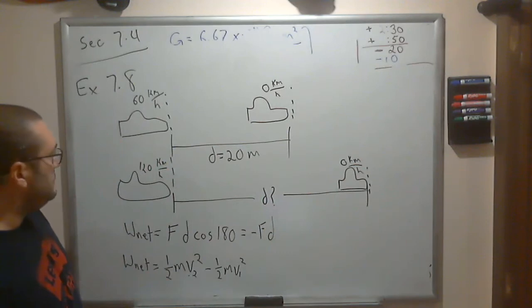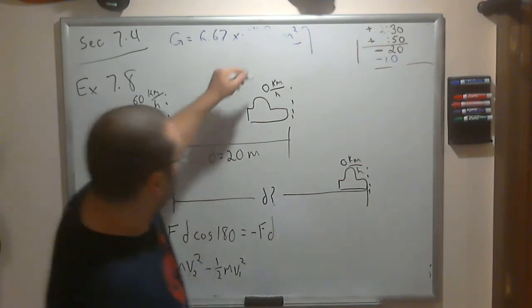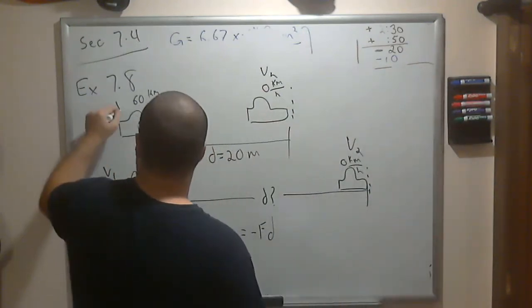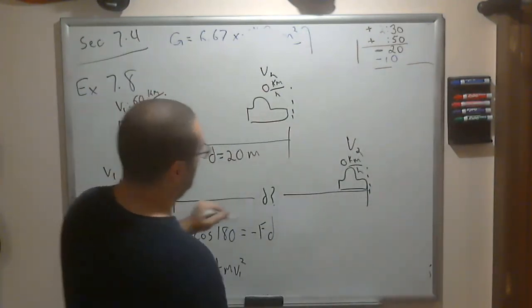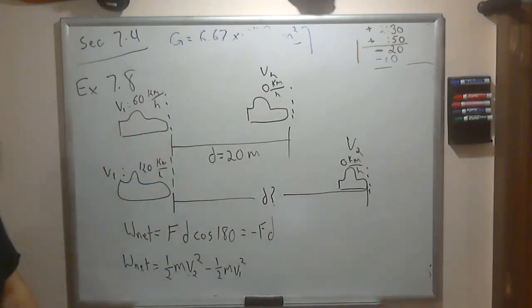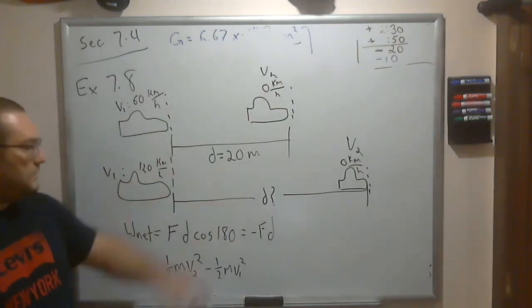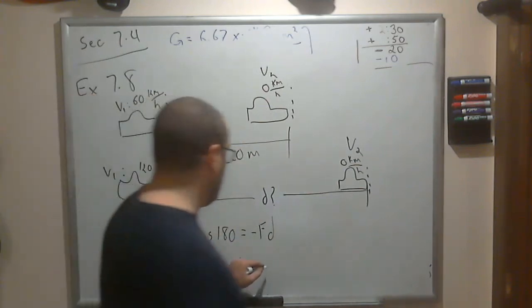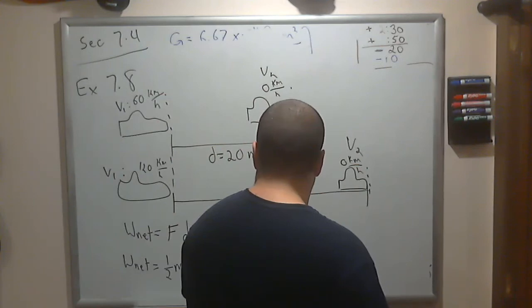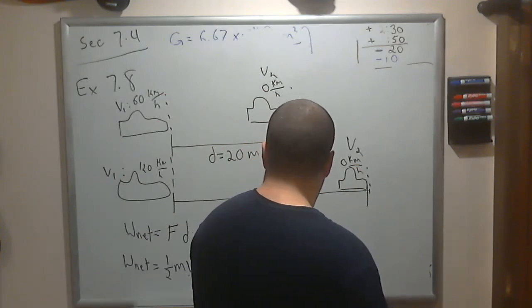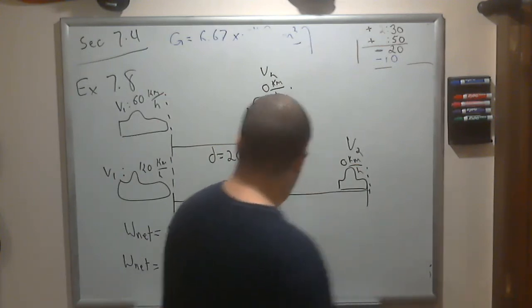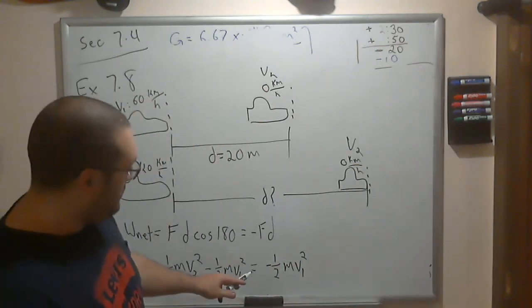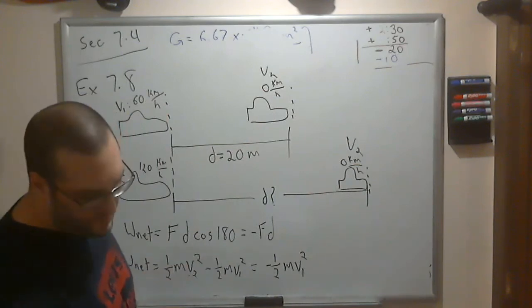So V2 is 0 in this case. This is V1, V2. So in both cases, V2 is 0. So we end up with this. Our initial velocity is just equal to this initial velocity, right?